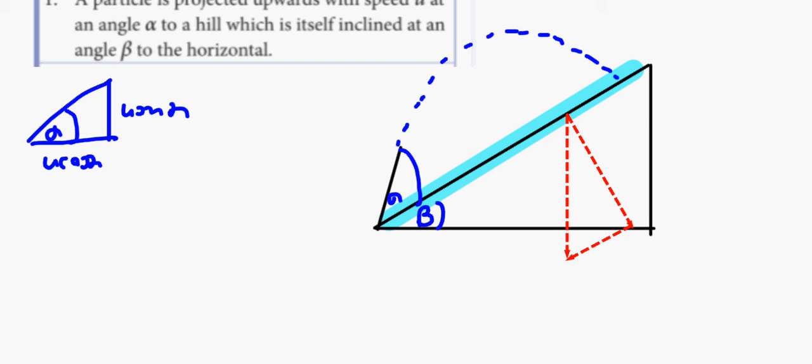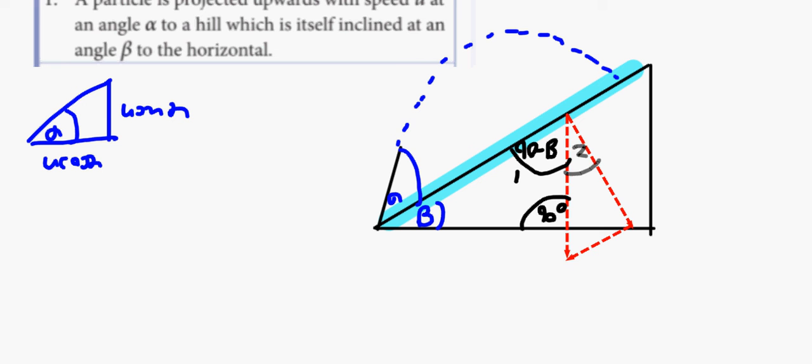Now, for those of you that don't remember, this here is 90 degrees, which will make this angle here, anybody? 90 minus beta. Why is it 90 minus beta? Angle 1, angle 2, and angle 3 all have to add up to 180. Now then, angle 1 plus angle 2 here, what do the two of them have to add up to? 90.